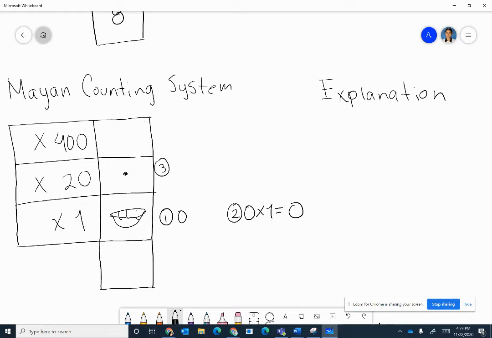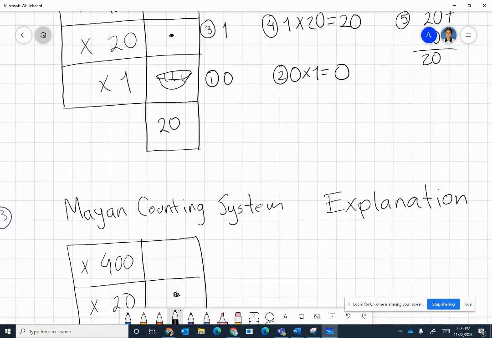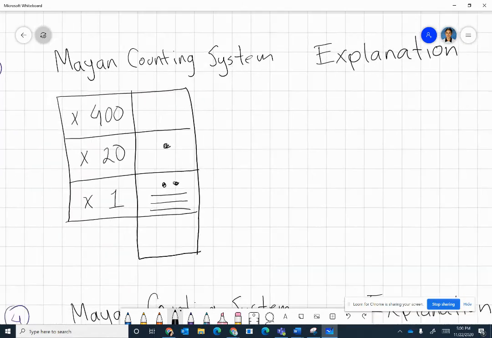Here we have 1 dot, and a dot is equal to 1. So here is number 1. 1 times 20 equals 20. So our fifth and last step would be adding 20 plus 0 equals 20. So we have number 20.